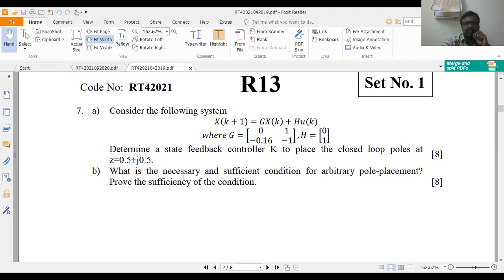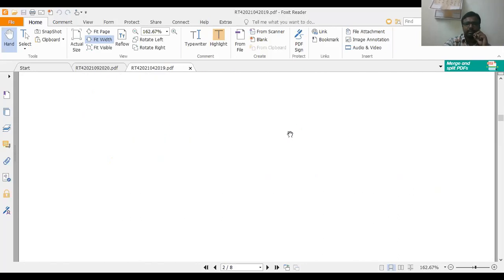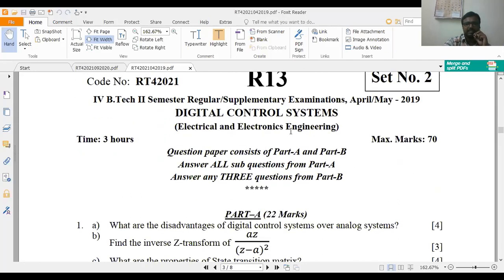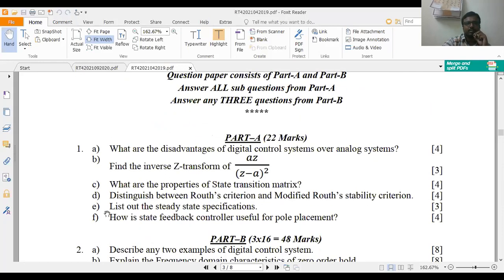And the next question is, what are the necessary and sufficient conditions for the arbitrary pole placement technique? This particular topic is also discussed in our regular class. And coming to the second set, distinguish between the Routh criteria and modified Routh criteria table.